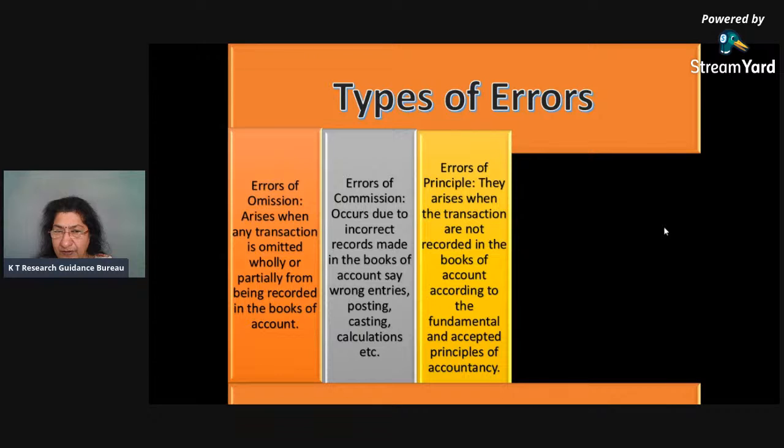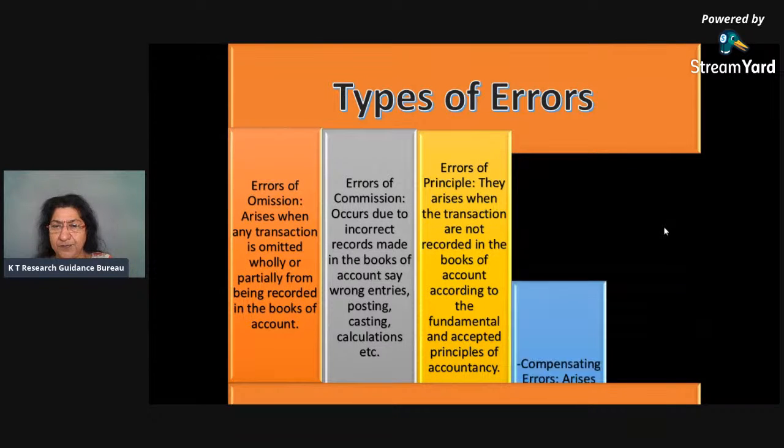This sort of error arises when the transactions are not recorded in the books of account according to the fundamental and accepted principles of accountancy. So keep in mind and enter the transaction. I gave you the example of rent, as it is an expenditure for the company, but you may consider it as the owner's personal interest. That sort of error is also considered a principle error.